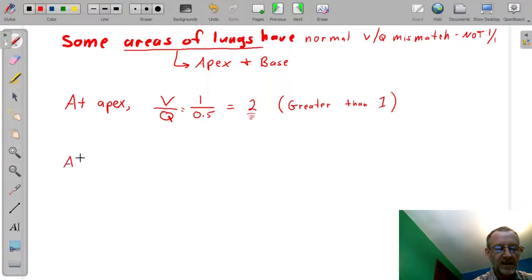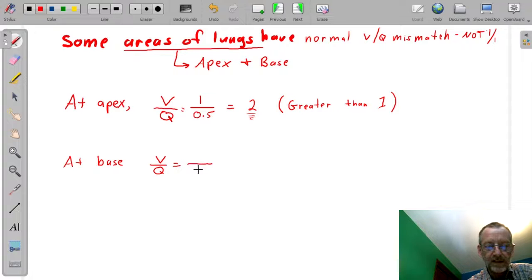At the base of the lungs, it's pretty much the opposite. Good blood flow, but the little air spaces, the tiny little bronchioles, tend to be flattened and collapsed by all the blood that's pooled down there. So the VQ ratio there, let's say perfusion is still good, so we'll keep it at 1, but the ventilation is down.